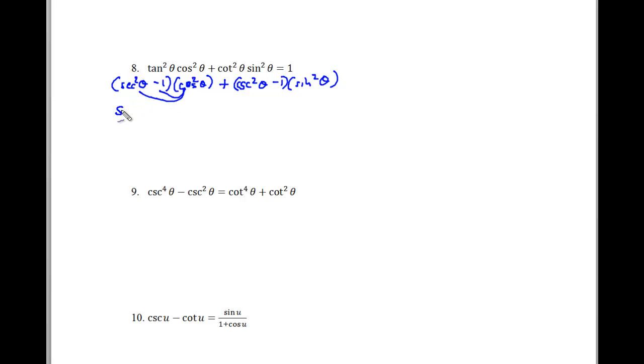So this gives me secant squared theta times cosine squared theta minus cosine squared theta. And I'm going to distribute this over here as well. So this is going to give me cosecant squared theta times sine squared theta minus sine squared theta.